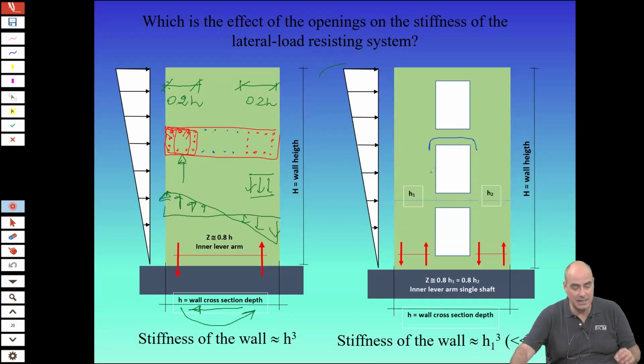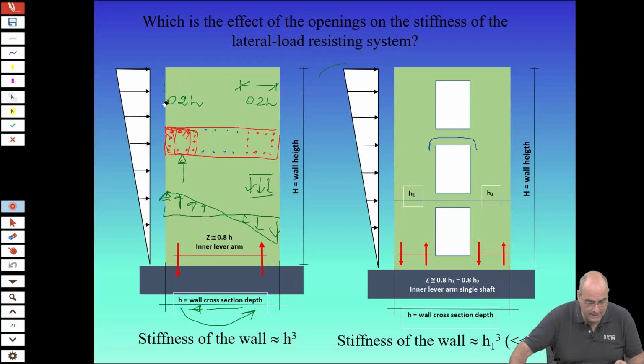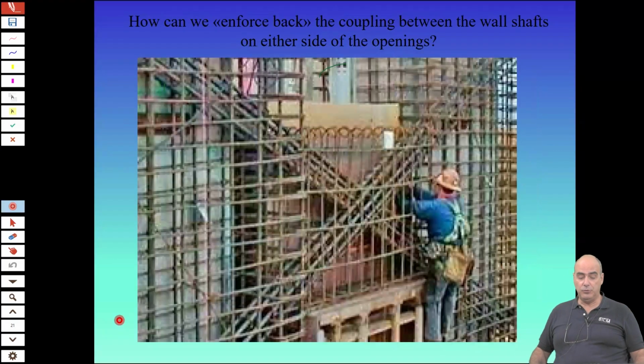So the design of the coupling beam is a very demanding task in shear walls in general and in precast shear walls in particular. And what does this imply if you have to guarantee this?